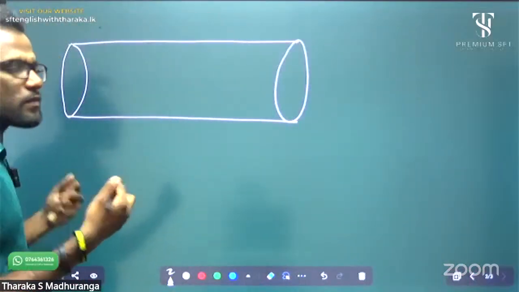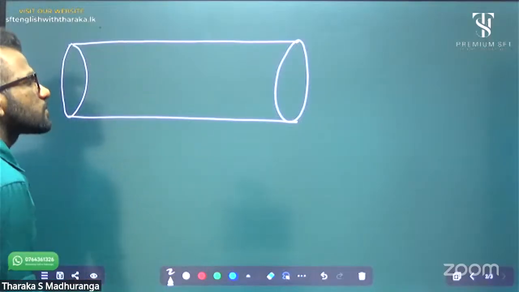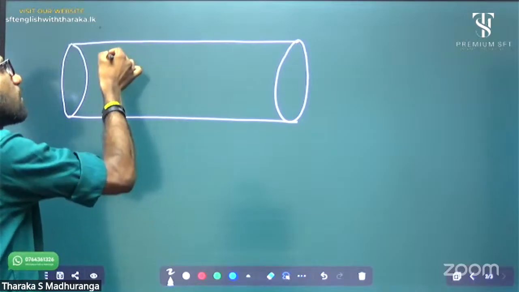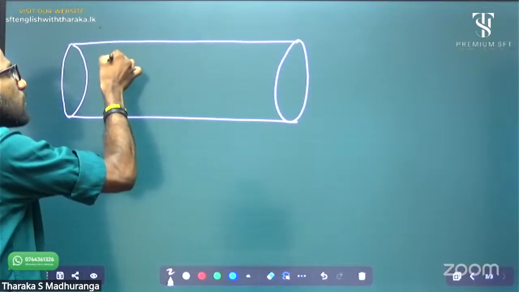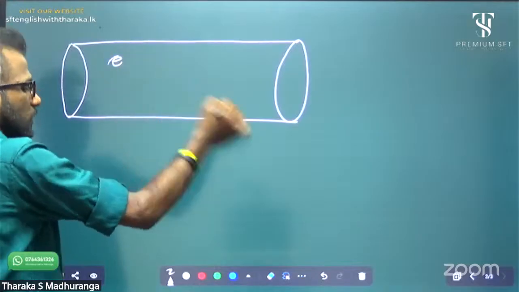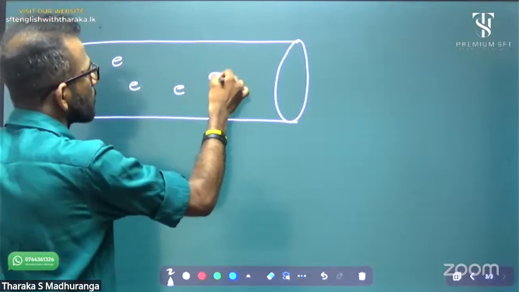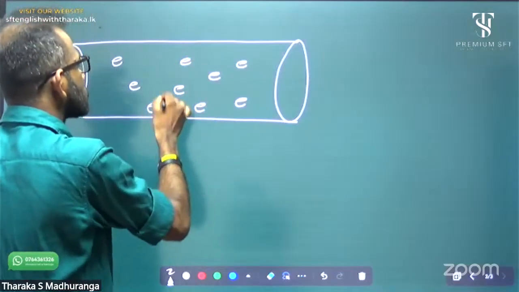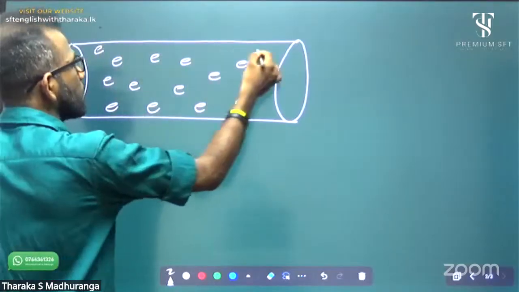These free electrons are located in this conductor, this cable. There is a huge amount of free electrons in the copper wire.